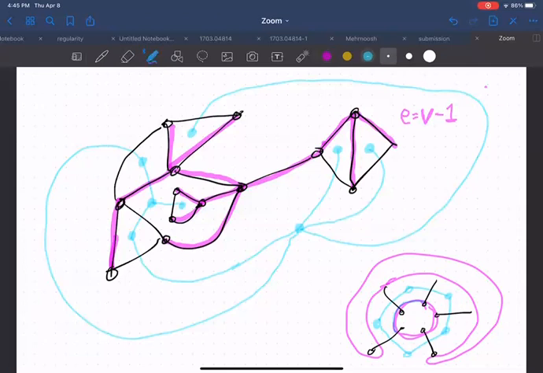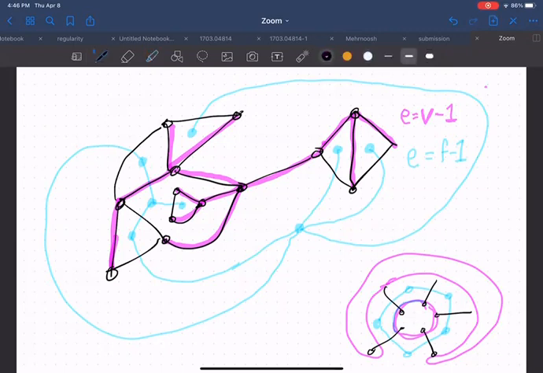Well, now that we know that the blue graph is a tree, we know the number of edges it has: the number of faces minus 1. The blue graph has F vertices, and so the number of edges it has is F minus 1 because it's a tree.